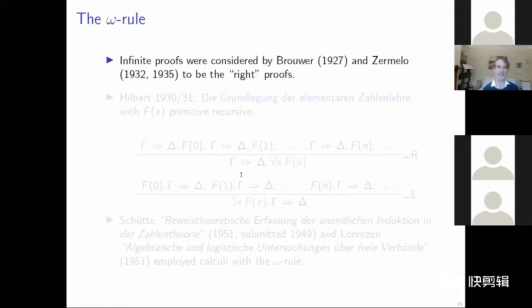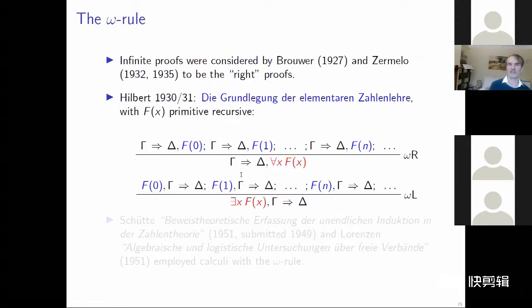And Hilbert, I think in his last paper, considered an infinite proof rule where you have infinitely many premises. What this means is that assume you have deduced Γ ⇒ Δ, F(0) and also have deduced Γ ⇒ Δ, F(1) and so on through all the numbers n. So you have infinitely many premises here. Then you are allowed to deduce Γ ⇒ Δ, ∀x F(x).